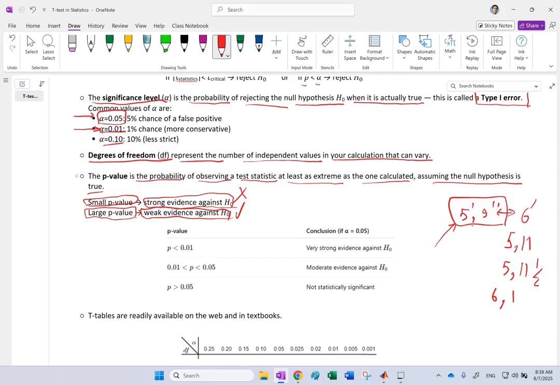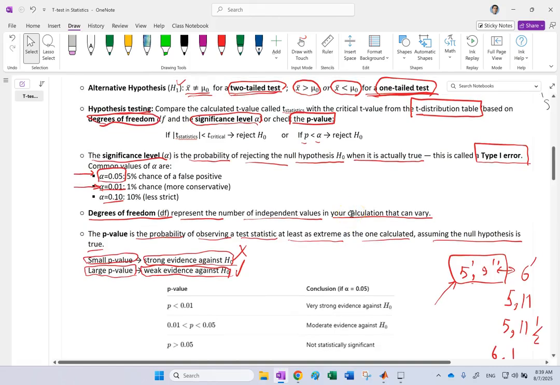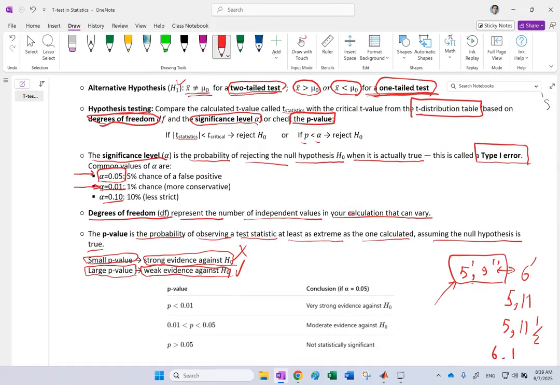As you can see, we have to compare p against alpha. So let's say the alpha we picked is 5%, and the p that you get from your t-test is less than 1%. Clearly, this is way less than 5%, so it's strong evidence against H0 and I'm going to reject the null hypothesis.